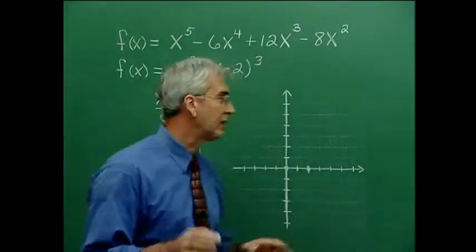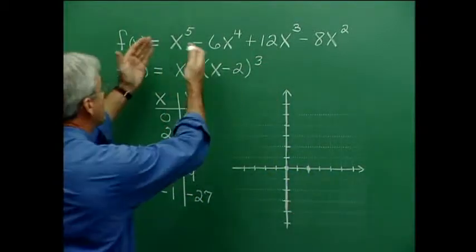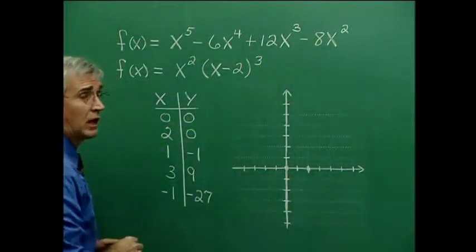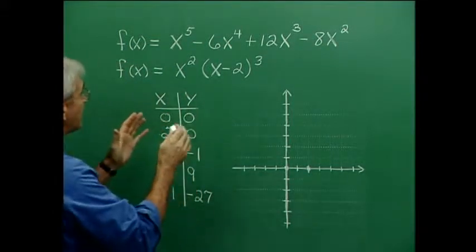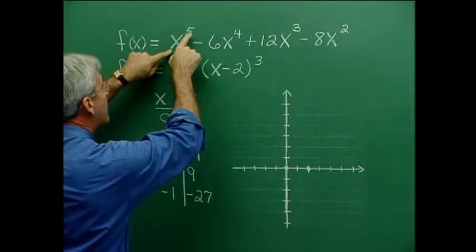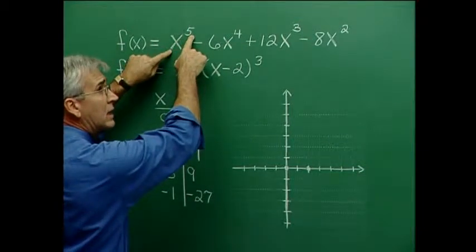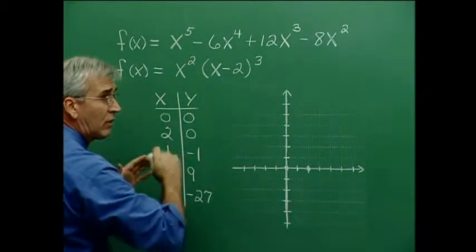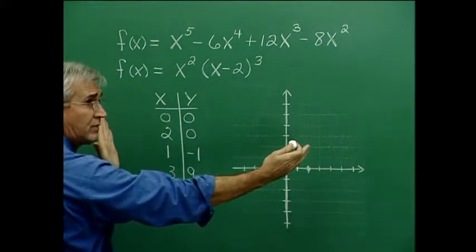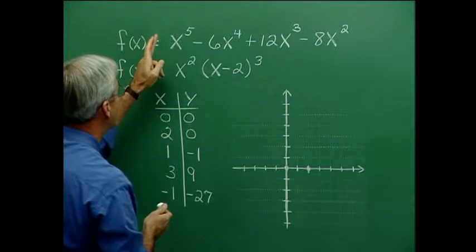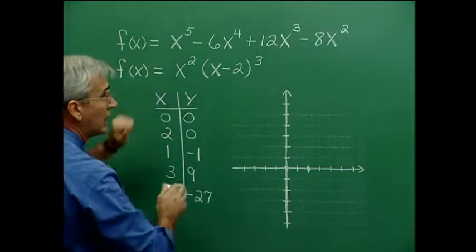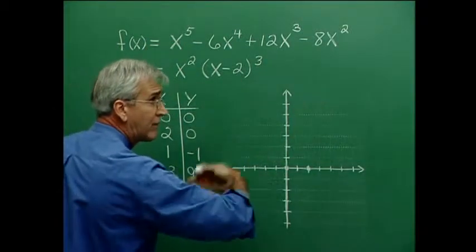Now, when you first look at the function, you don't realize that. We would just see this as a fifth-degree polynomial function. We might think to ourselves, well, by the leading coefficient test, we have a fifth-degree leading term, and therefore we know that the behavior at the right-hand and left-hand extremes of the coordinate plane is going to be different graphically. We see that this coefficient is positive, so the graph is going to rise to the right and fall to the left.